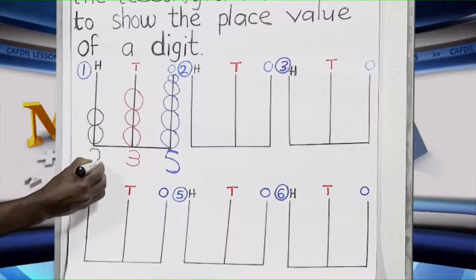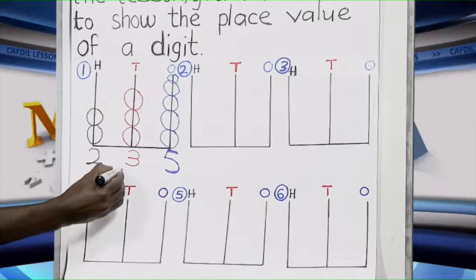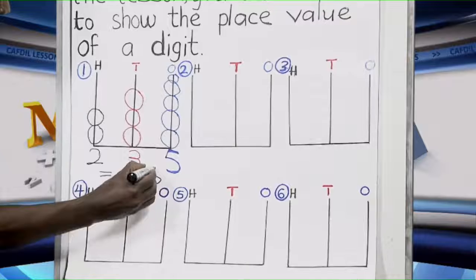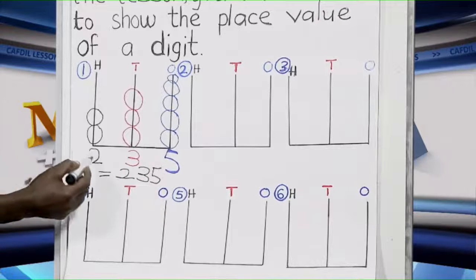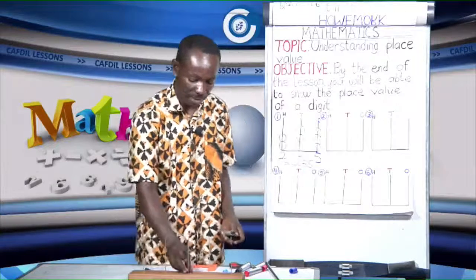So we have 2 here. So this will all give us 235. So we have 235. And we can put it on the abacus here.